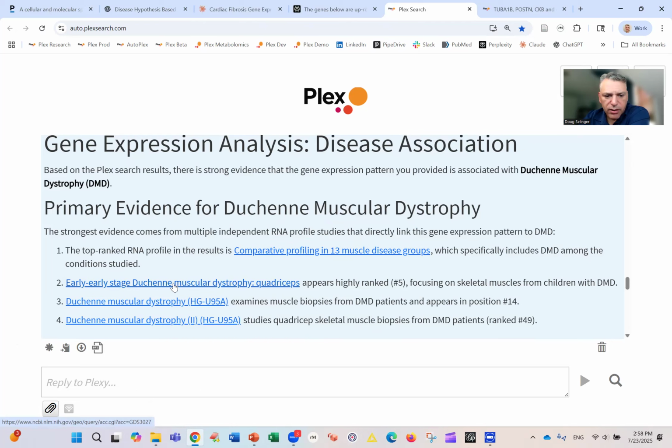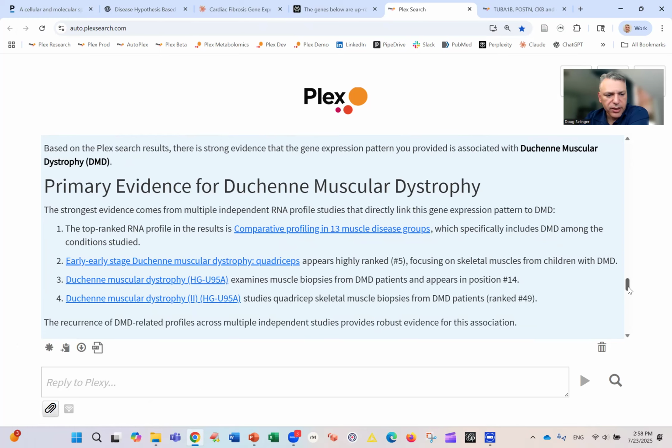Also, this study specifically of DMD is ranked very highly. Again, the signature is very similar to the signature that we put in. And same with these other studies here. So there's 4 studies near the top of the list that are all either specifically DMD or very closely related, include DMD, that are all very highly ranked, matching the signature.